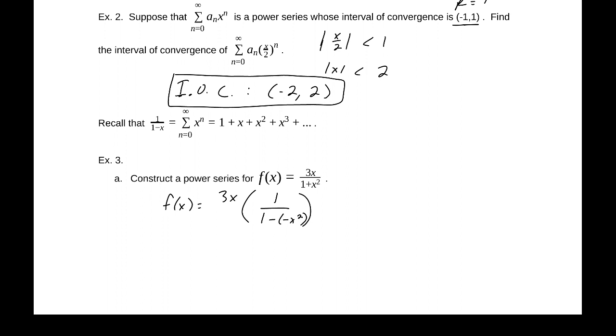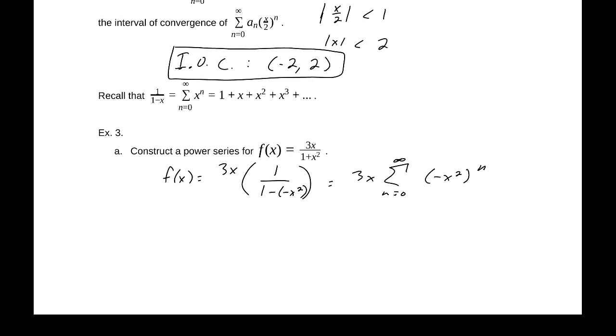That is of that form, so this will be 3x times the series from 0 to infinity of (-x squared) to the n. Now, what I just did is valid as long as the absolute value of -x squared is less than 1, which is equivalent to the absolute value of x being less than 1.